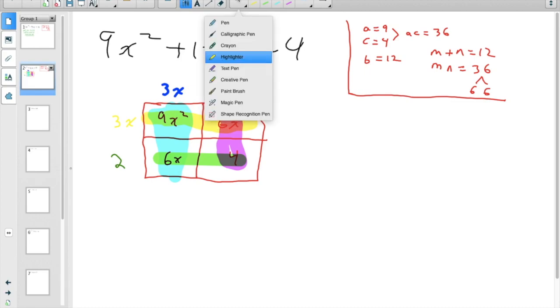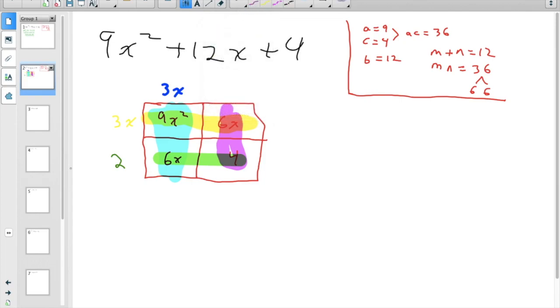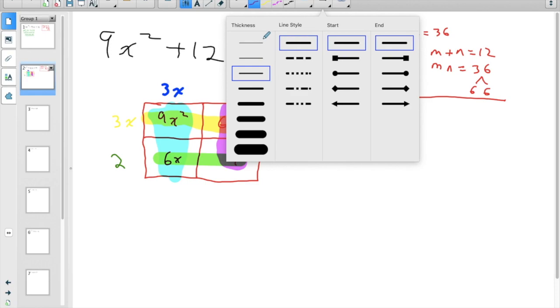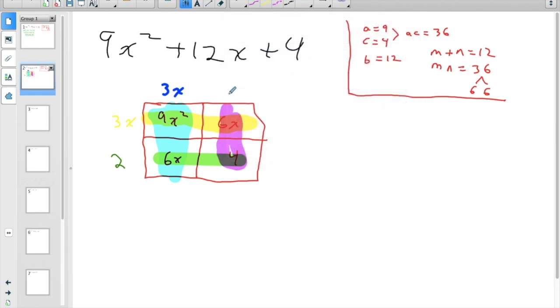When we factor out the greatest common factor between the two, we end up with just a 2, which means that our two multiples here are 3x plus 2 and 3x plus 2, which effectively means that we are looking at 3x plus 2 squared. Okay.